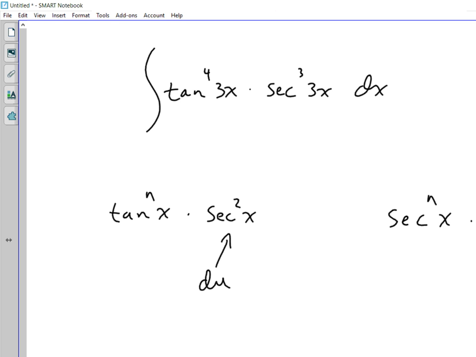Either one of these is the form that you're going to want to try to get to. Does that make sense? Now, looking at this, which one of these, the left one or the right one, is a target for this integral? Which one do you think would be the easier way to pull this off?